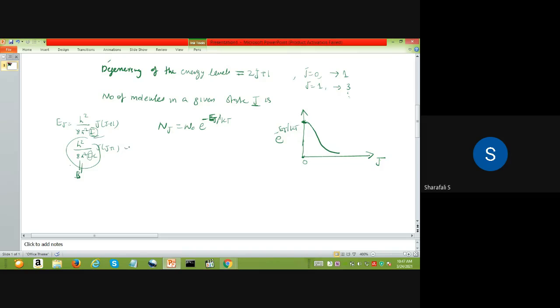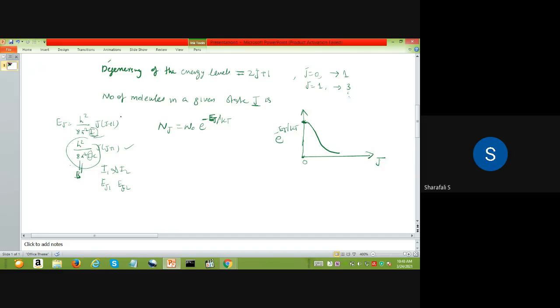So we are representing that in terms of B, just for the sake of understanding. If you are changing this I, it is going to change your energy EJ. So if you are having I1 and I2, correspondingly we have EJ1 and EJ2. So we have different values.